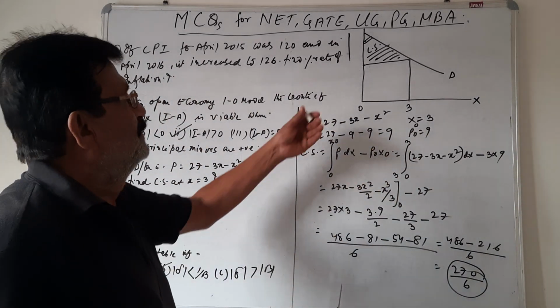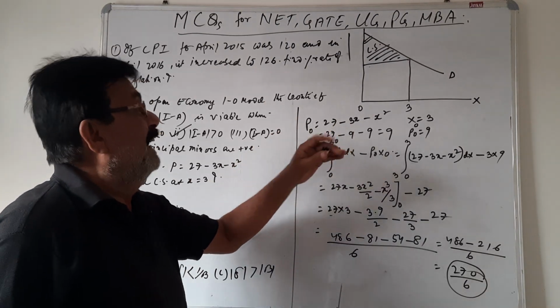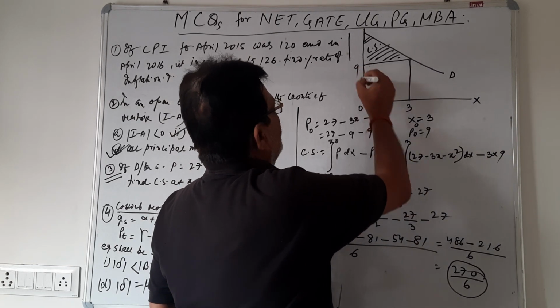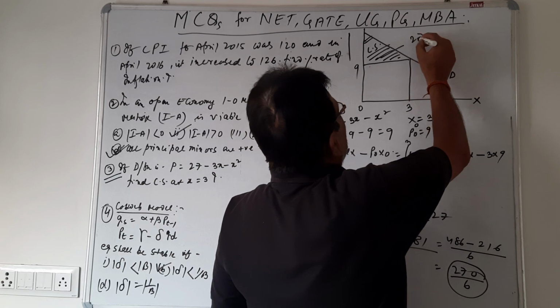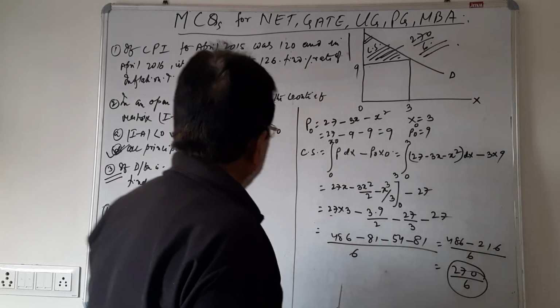So this is how we calculate the consumer surplus when we are given the demand function and the initial demand or price, then we can have the value of consumer surplus, and this area is 270 by 6.